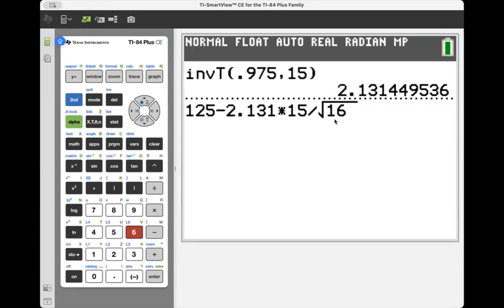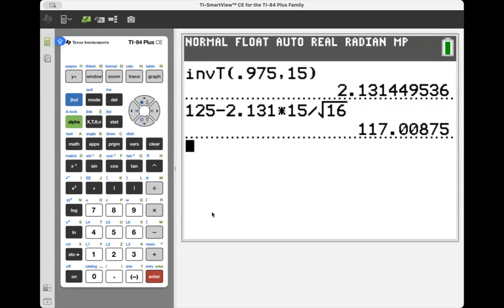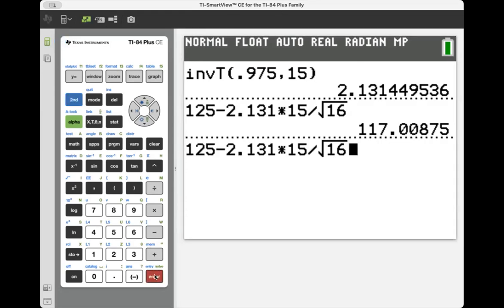That nicely comes out to 4, but if you don't, you need to use your square root symbol. Okay, 117, and we're going to round to 2 decimal places here, 117.01. And on the other side, let's second enter to repeat that line. Let's back up to the minus and turn this into a plus, and this is 132.99.